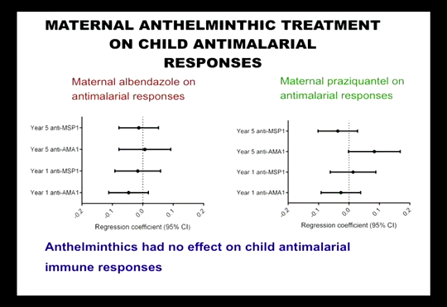And lastly, for maternal helminth treatment, I did an analysis on child antimalarial responses, and again, anthelminthics had no effect on child antimalarial immune responses, where we see the regression coefficients all including 0, at year 1 and at year 5, for both responses to AMA1 and MSP1.